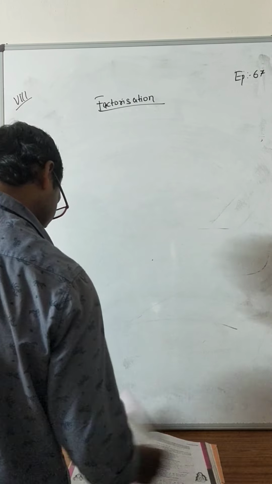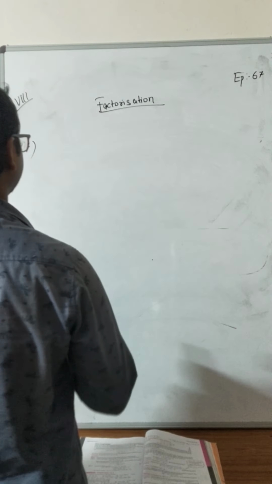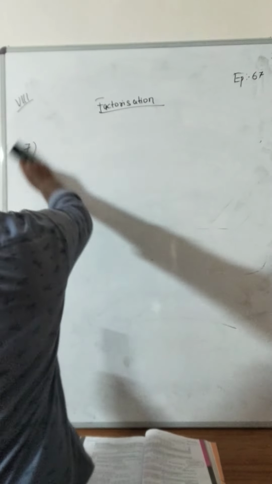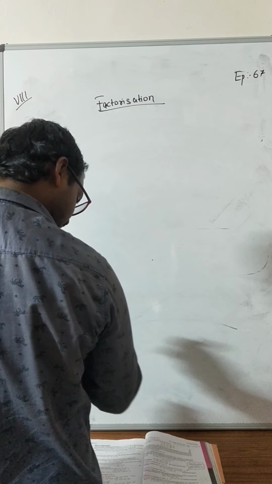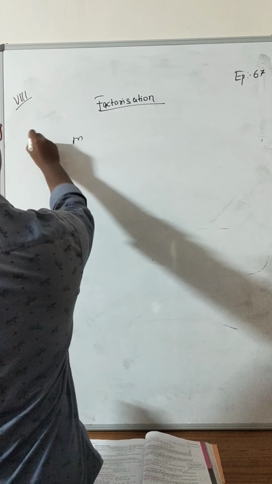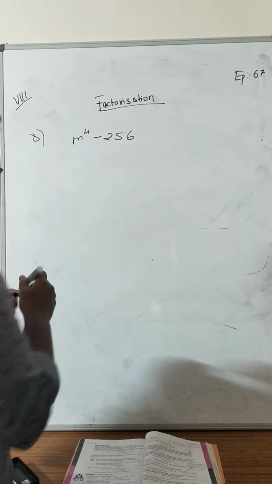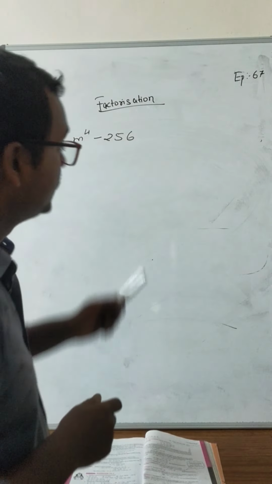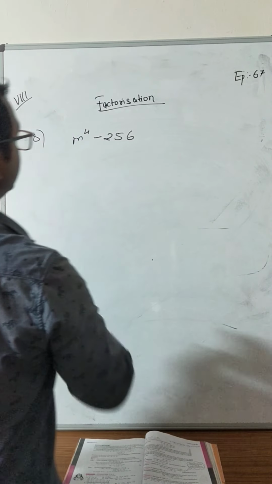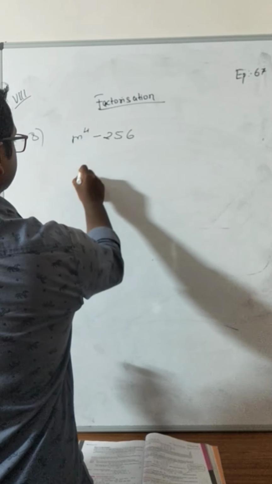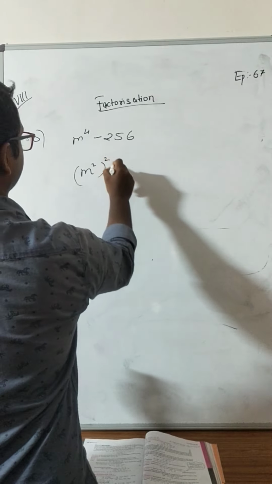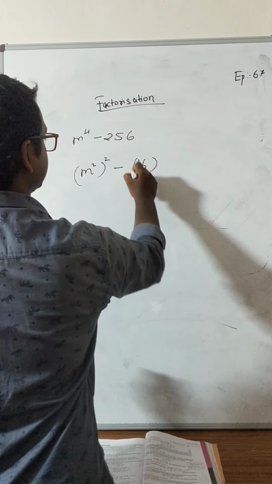Now look at example 8. Example 8 is m power 4 minus 256. In this particular case, m power 4 is nothing but (m square) whole square, and 256 is 16 square.